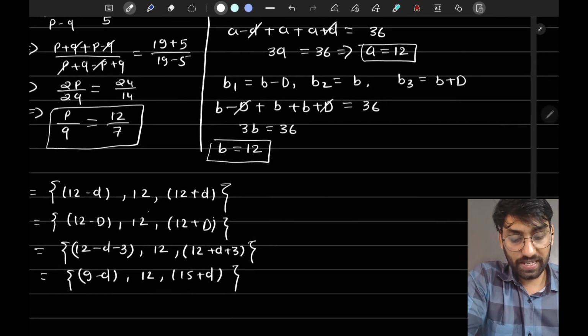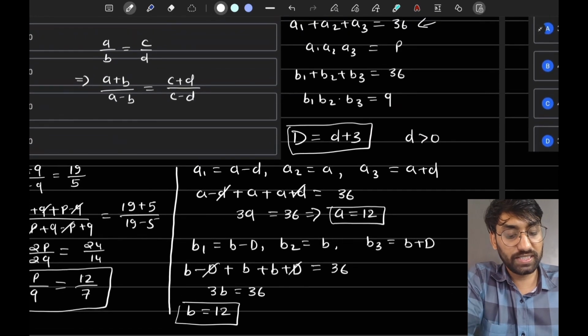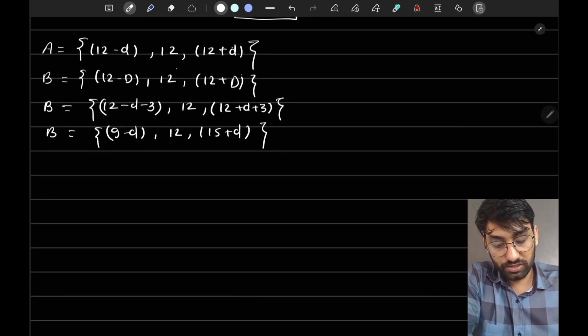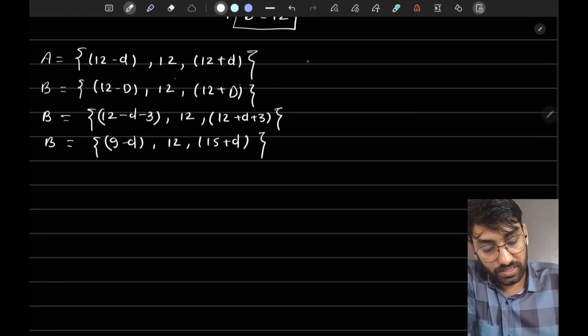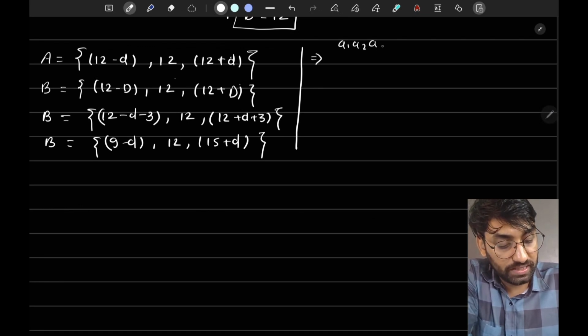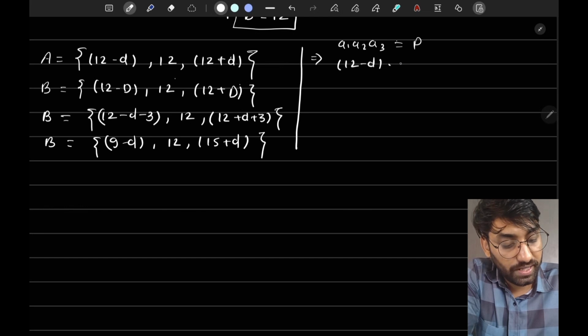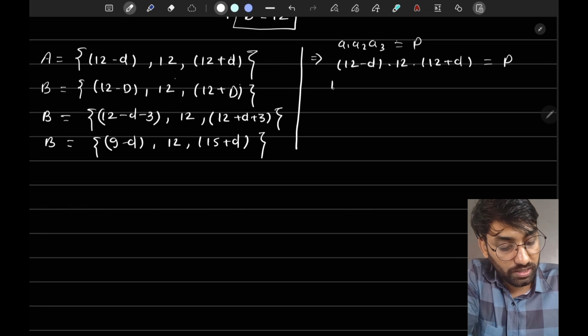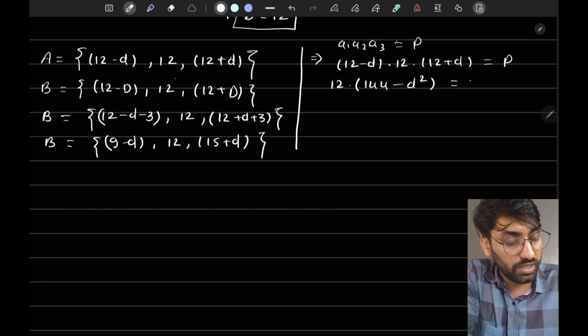Now with the help of A and B, I'll try to find the values of P and Q. One more piece of information we have: A1, A2, A3 equals P, and B1, B2, B3 equals Q. So A1 A2 A3 equals P means (12 minus d) into 12 into (12 plus d) equals P. It means 12 into (144 minus d square) equals P. How does it come?